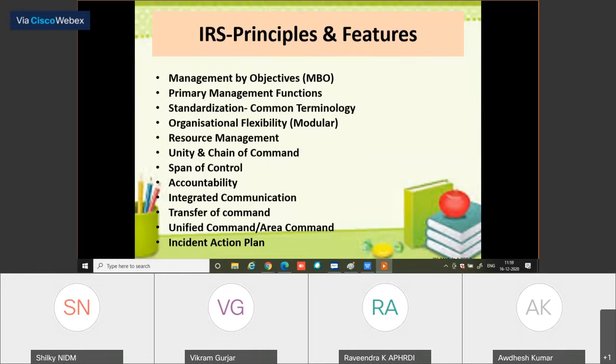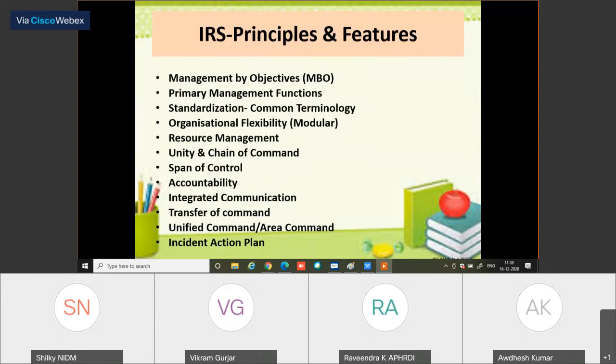So management by objective is basically a systematic and organized approach which allows the management to focus on achievable goals, and because the goals have been set, it helps them to attain the best possible results from available resources.